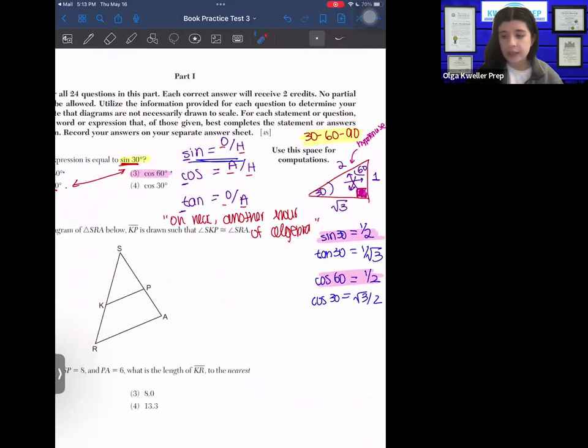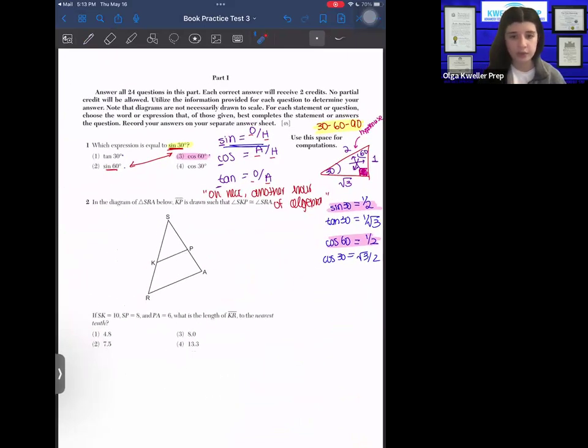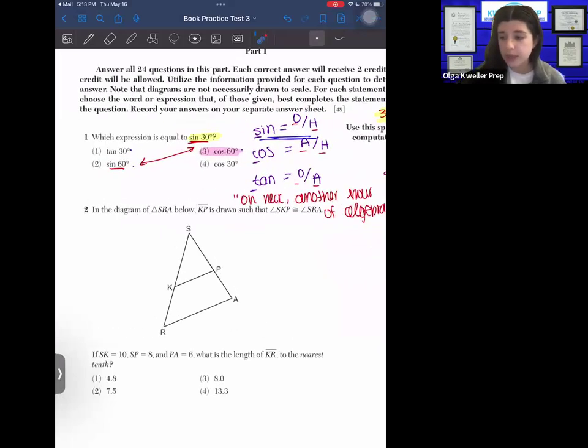Okay. Any questions, you guys, on the first one? Again, we didn't have to do all of this just to answer this question. This question could simply be answered if you guys memorize this idea that sine of whatever angle is equal to cosine of 90 minus that angle. So for example, you see that sine of 30 and cosine of 60 are equal.